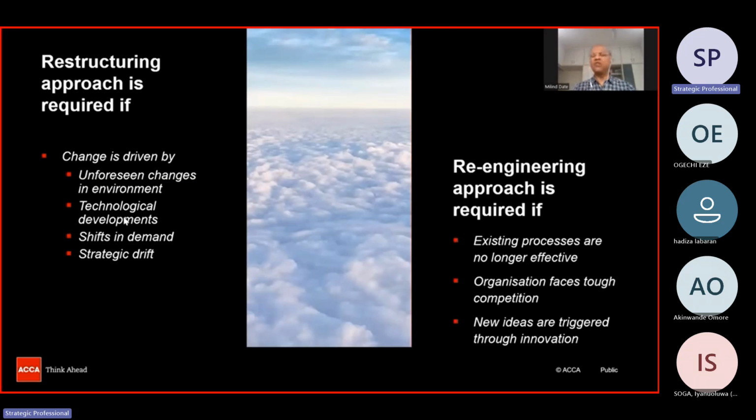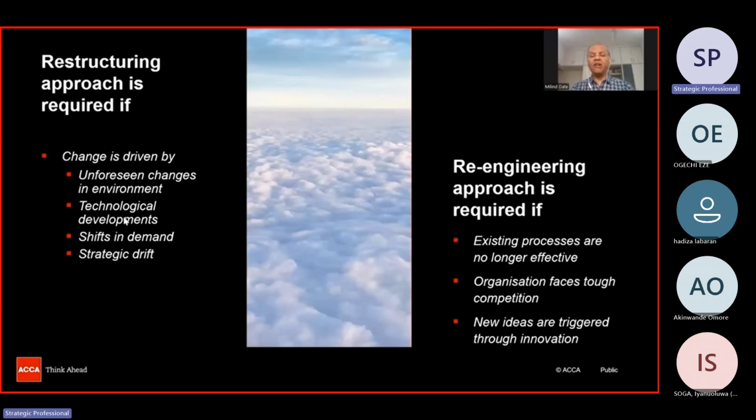Re-engineering. Existing processes are no longer valuable. They're no longer effective. They may become inefficient. They may become even superfluous. So as if you have to erase everything and rewrite all your process through radical rethinking. So for example, business process re-engineering as a technique you could make use of. And these kind of re-engineering changes would always trigger new ideas through innovative approaches.